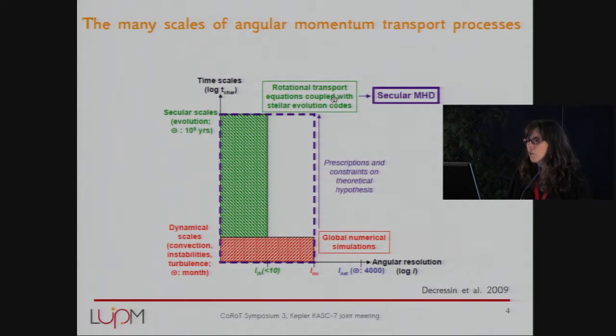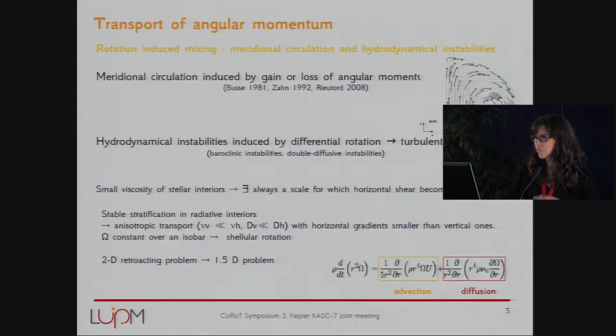But then, if you want to do secular evolution and so go through integrated evolution, you need to restrict yourself to secular transport and to some prescriptions that will be derived from theory. Global numerical simulations allow you to access larger angular resolution, more precise things, but of course you cannot evolve them up to now to long evolutionary timescales.